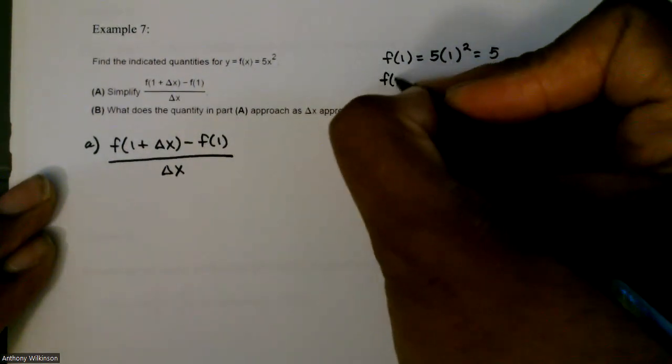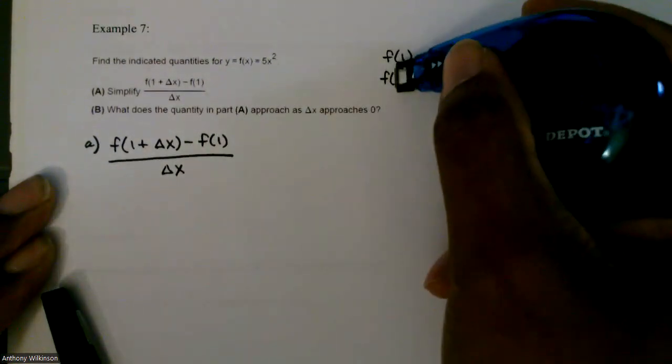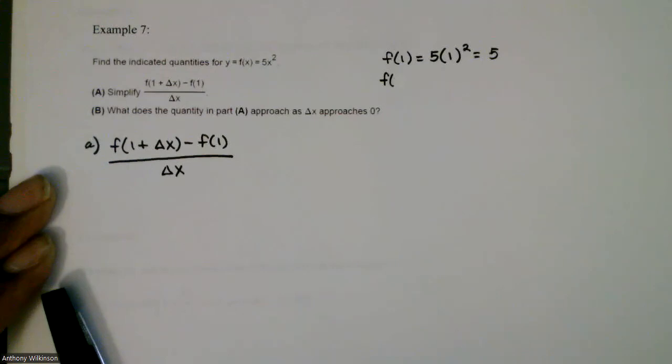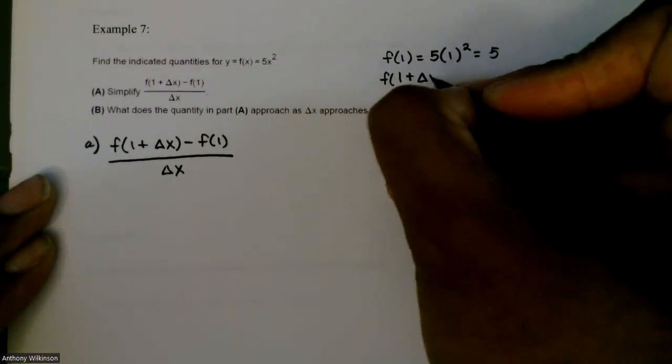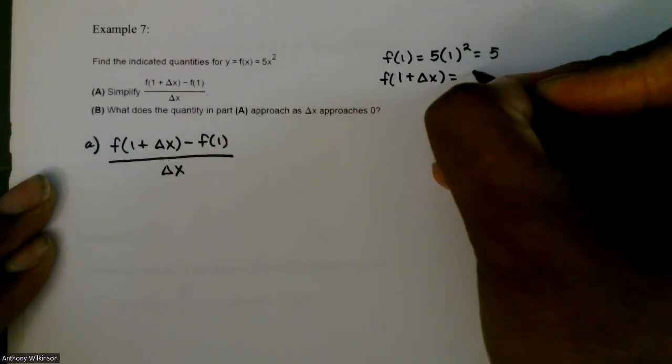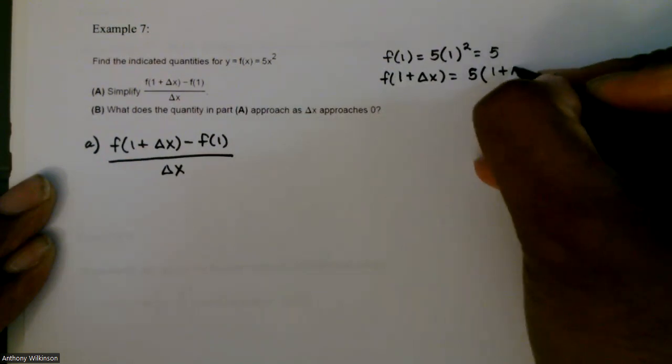And then f of 1 plus delta x. That's just simply replacing the x with 1 plus delta x.